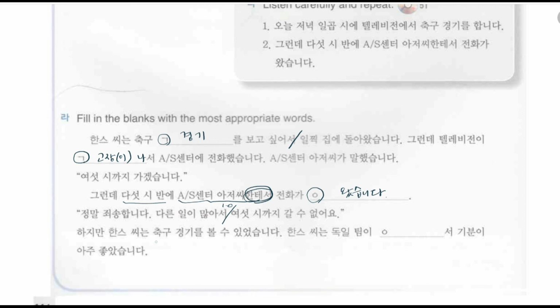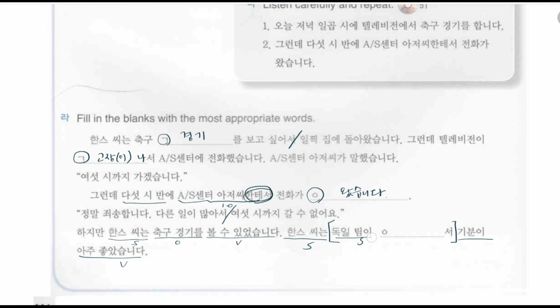하지만 한스 씨는 축구 경기를 볼 수 있었습니다. For some reason, Hans was able to watch the soccer game. 한스 씨는 독일 팀이 Okay, this is an embedded sentence, isn't it? 한스 씨는 기분이 아주 좋았습니다. Hans felt very good. Why?